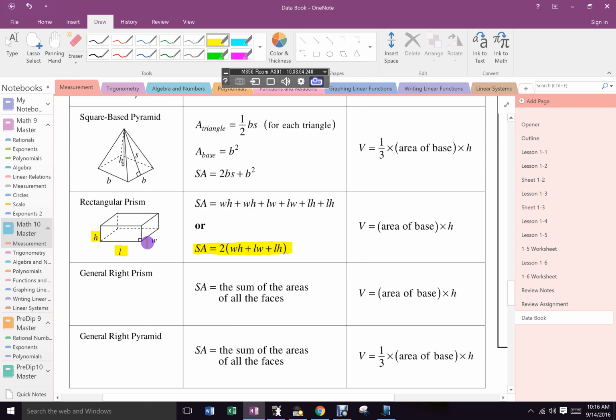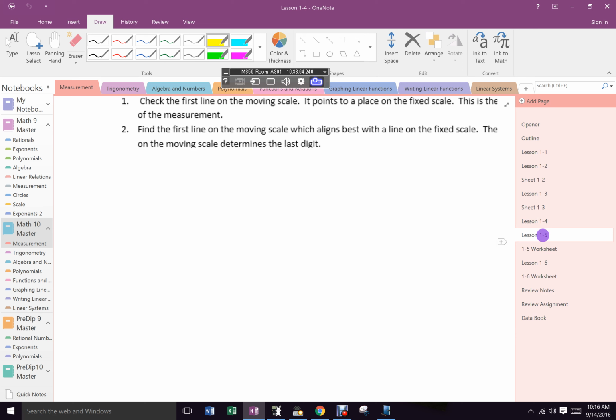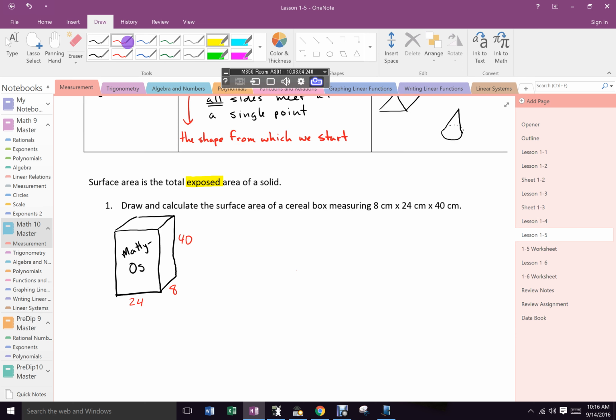H, L, W. The H goes up and down, the L goes across, the W goes to the back. So we can go back to our drawing, and in that case, following that rule, right? This is the W, this is the H, and this is the L. If you actually label it, it's impossible to do surface area wrong.